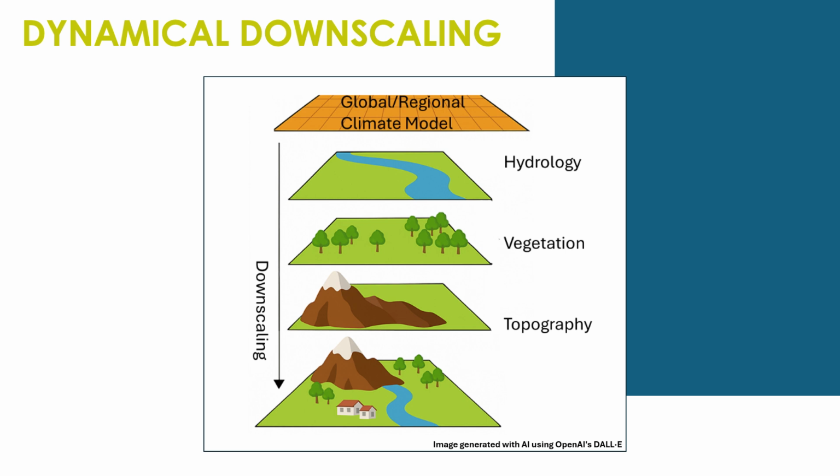This is where dynamical downscaling becomes essential. Unlike statistical techniques that adjust data based on empirical relationships, dynamical downscaling involves solving the full physical equations of the atmosphere at fine spatial and temporal resolution.